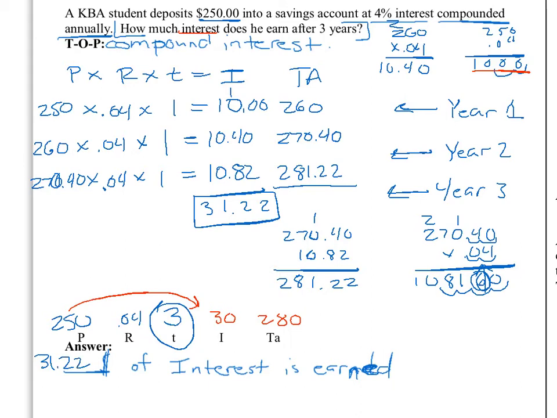What is another way I could have gone about finding out how much interest? Kyrie, what do you think? Maybe you can multiply 0.04 times 281.23. I think you're on the right track looking at that final answer.